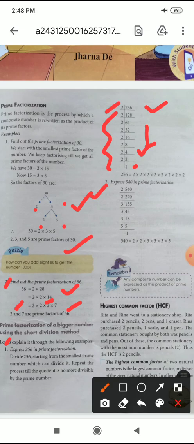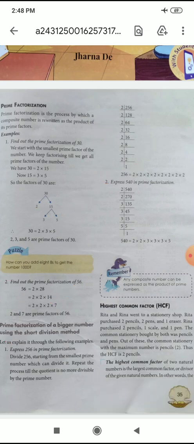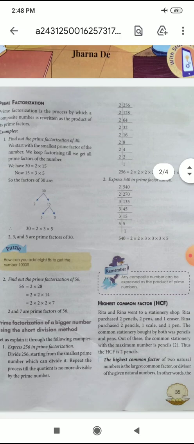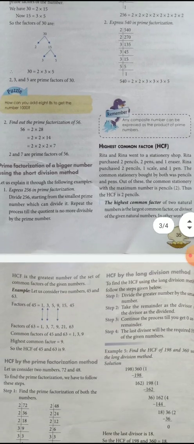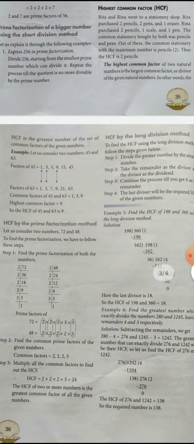Okay. Then comes the highest common factor, which is known as HCF. The highest common factor of two natural numbers is the largest common factor or divisor of the given natural numbers. In other words, the HCF is the greatest number of the set of the common factors of the given numbers.